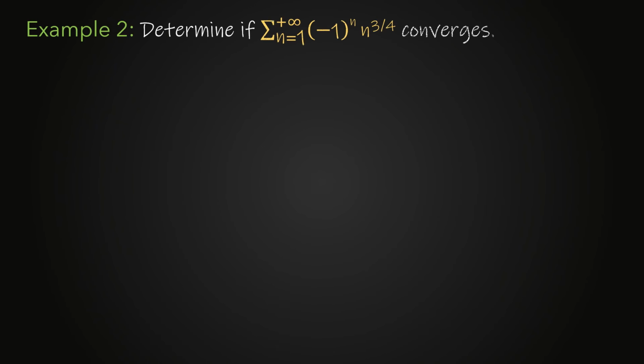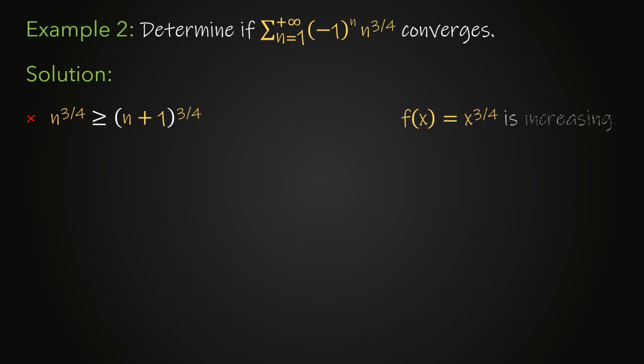Example 2. Determine if the series converges. Solution. The sequence n raised to 3 over 4 is not decreasing for all n, because it is sample values of an increasing function x raised to 3 over 4.